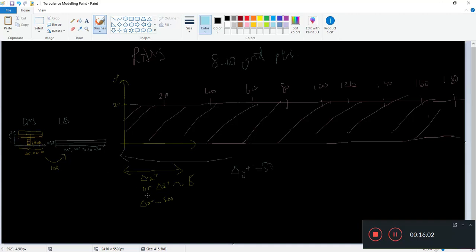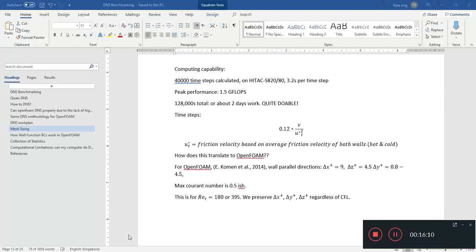So one good rule of thumb, this is with wall functions, right? I haven't talked about without wall functions.